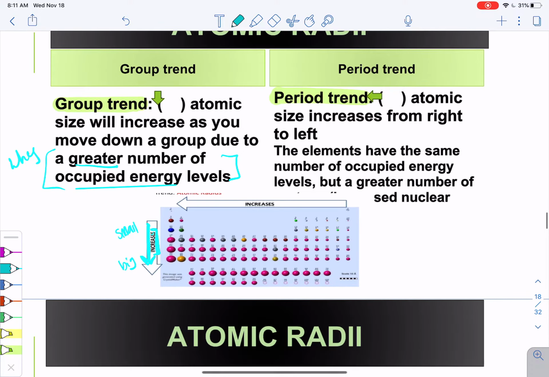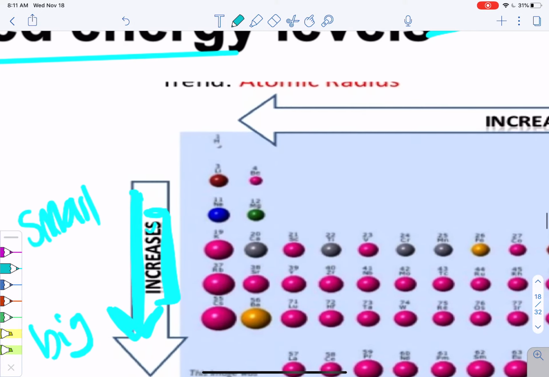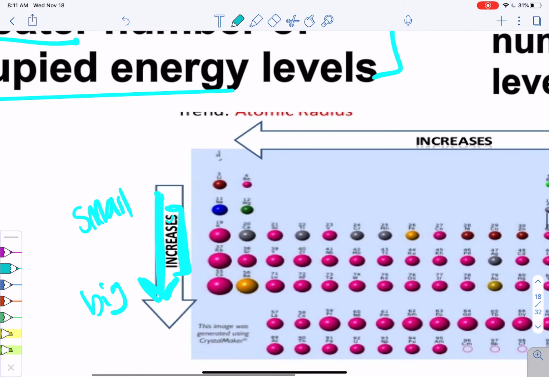So it will increase as you go down because, if we consider lithium, it is on the second row, 1, 2. Lithium has an electron configuration of 1s2, 2s1. Now let's look at sodium.